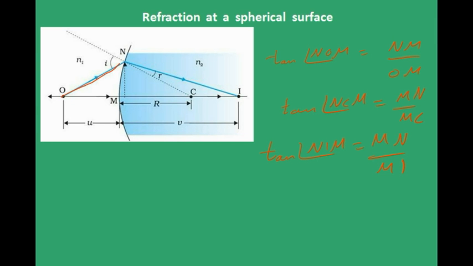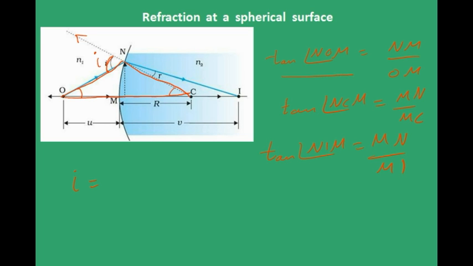Consider this triangle ONC. For that triangle, when you extend NC, you get this one, right? So this one, the angle of incidence, is the exterior angle of triangle NOC. So what can I say? That exterior angle is equal to the sum of these two angles, NOM and NCM. So what is my NOM according to this equation?